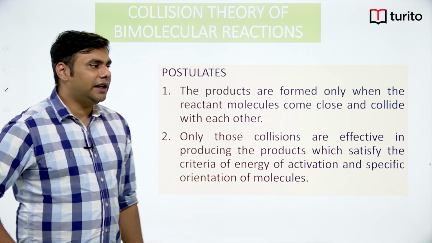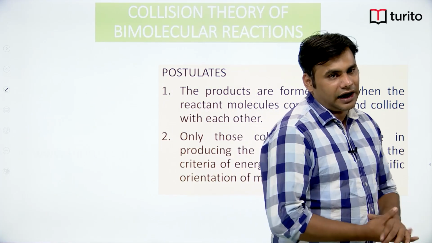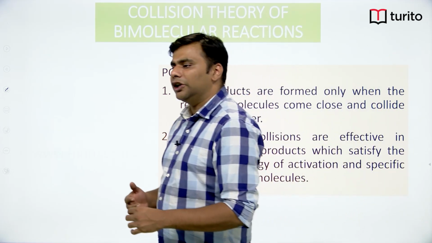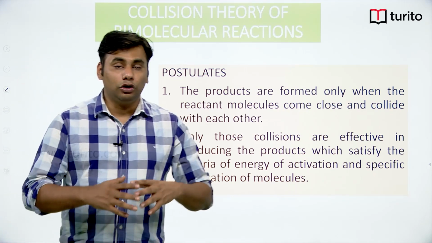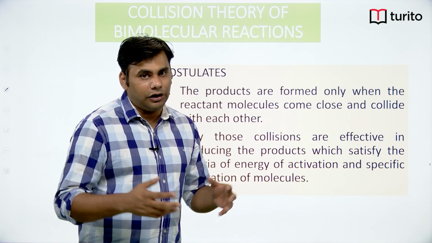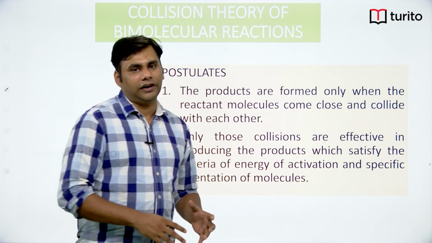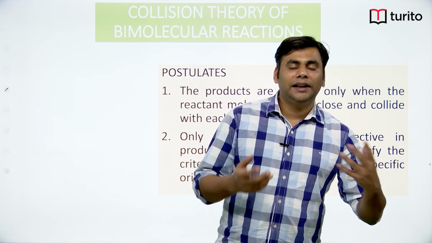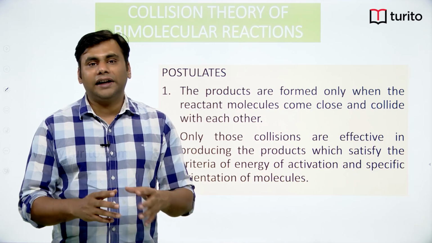If you look in general at any reaction, the number of collisions would be around 10 raised to power 23 to 10 raised to power 25. That is a very huge number of collisions happening inside a container between the reactant molecules. If all the collisions were effective, leading to product formation, the reaction would have completed very quickly. But that is not the case.